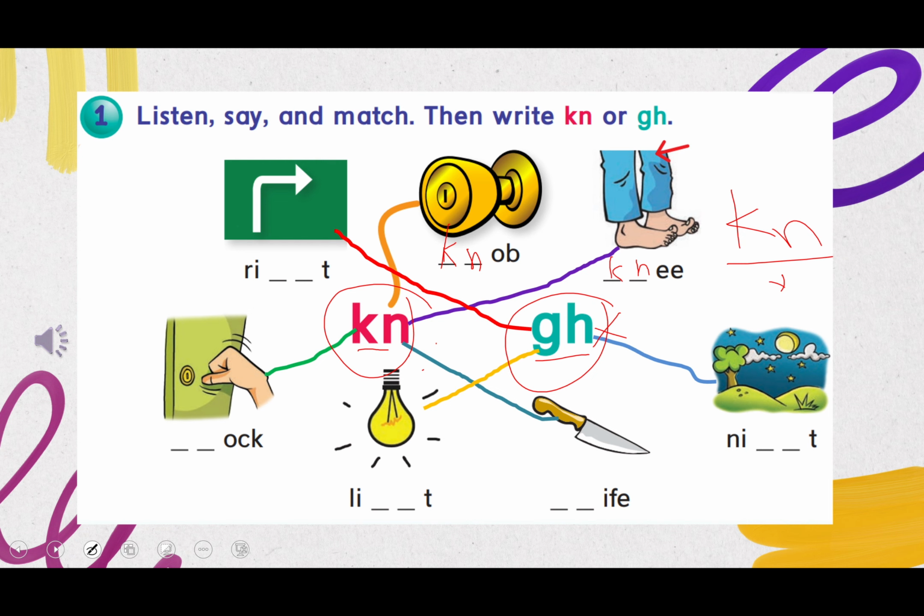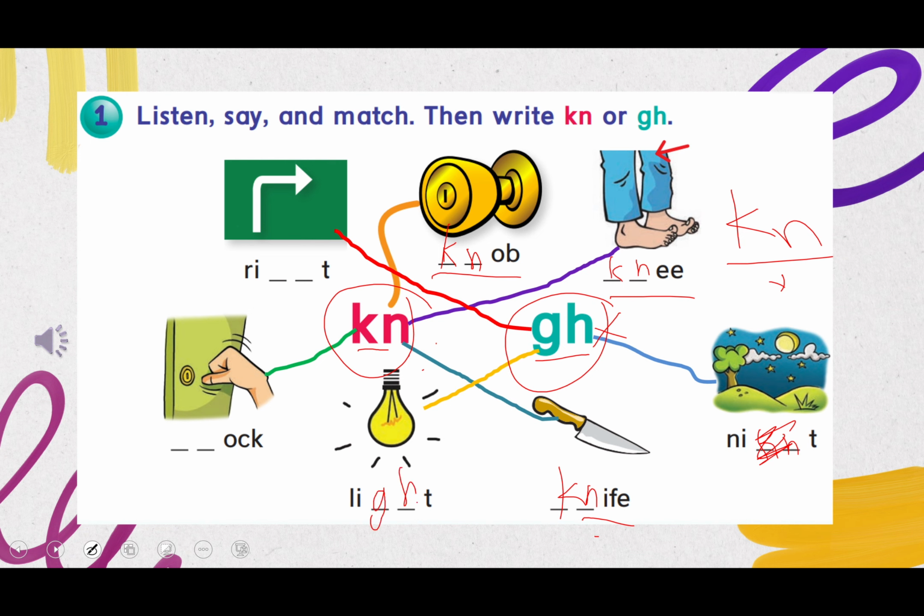Knee. Can you see? The K is silent. Knee. Knob. Knee. Knob. Can I write here night? That's false, of course. So we start the words with KN. That's not KN. Knife. The K is silent.